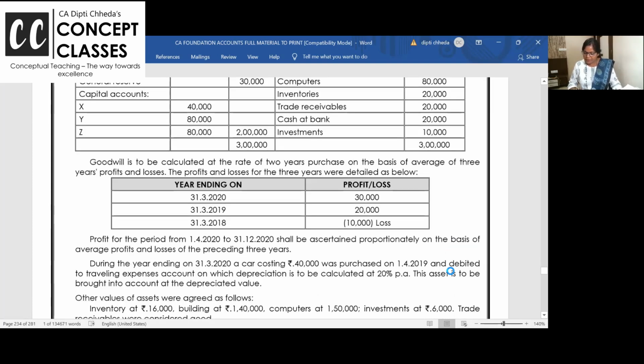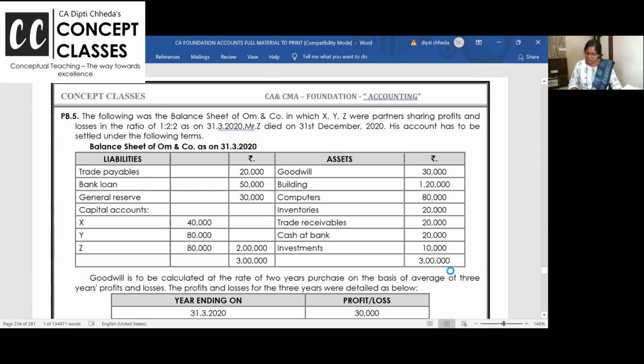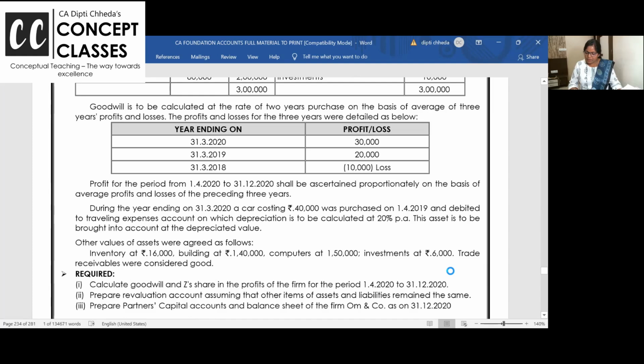Profit for the year from April to December shall be ascertained proportionately on the basis of average profit and loss for the preceding 3 years. So if you calculate the 3 years average, you can use it for goodwill and also for giving him the profit.